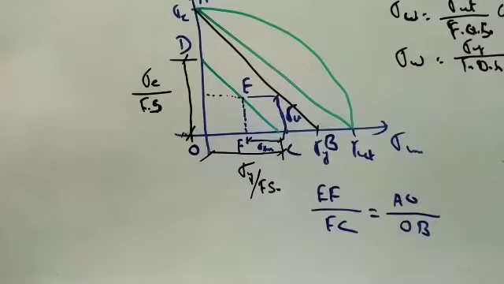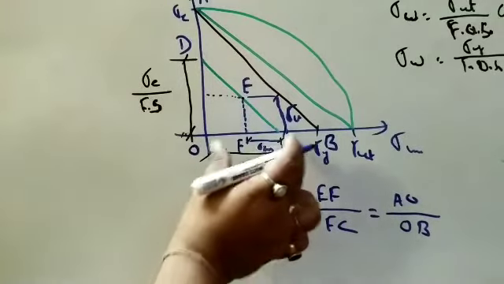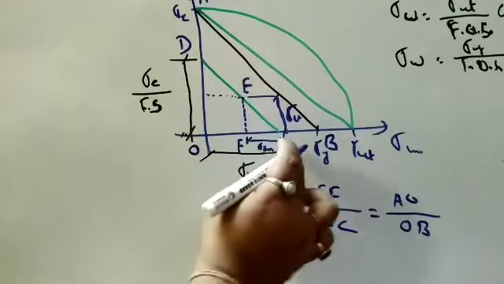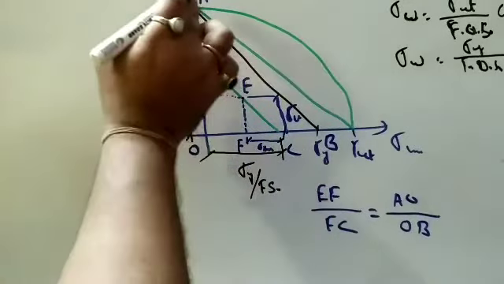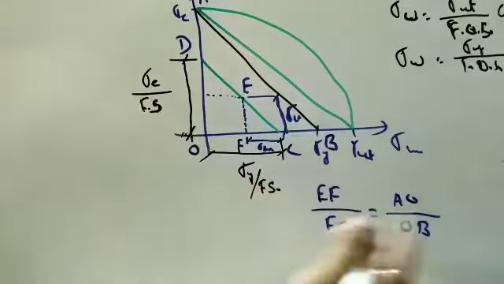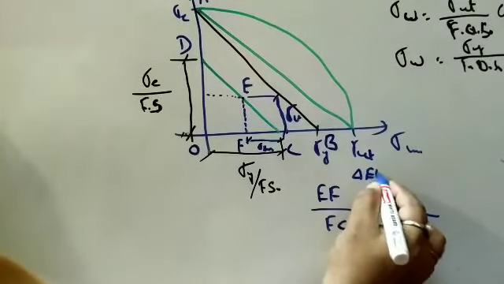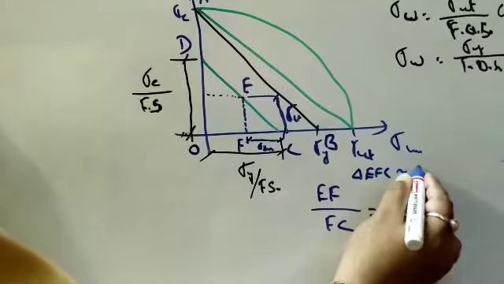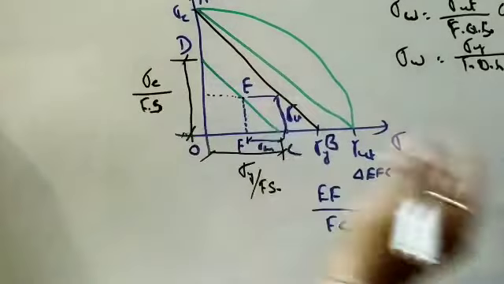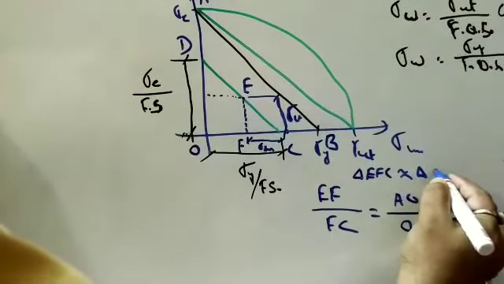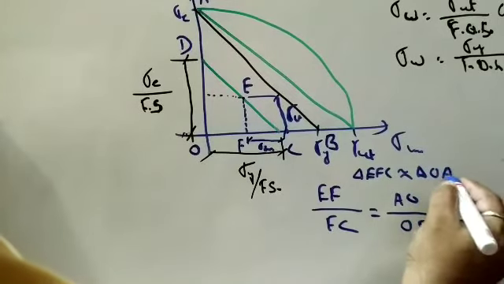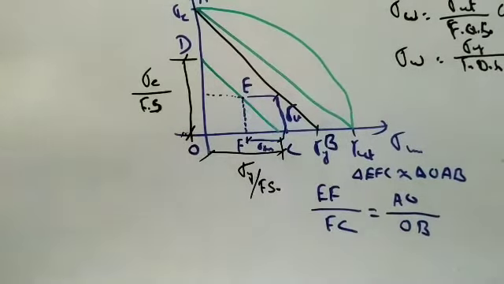We could write this if you consider triangle EFC similar to triangle OAB, considering similar triangles. So we could write EF by FC is equal to AO by OB. Now what happened?